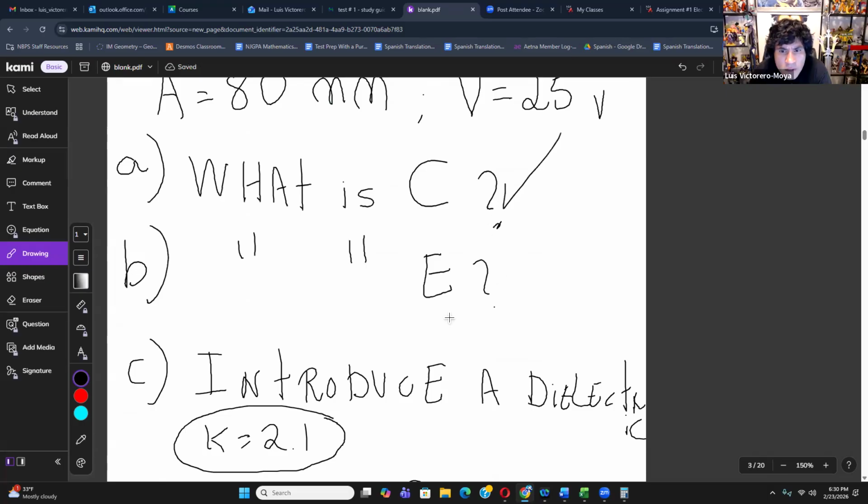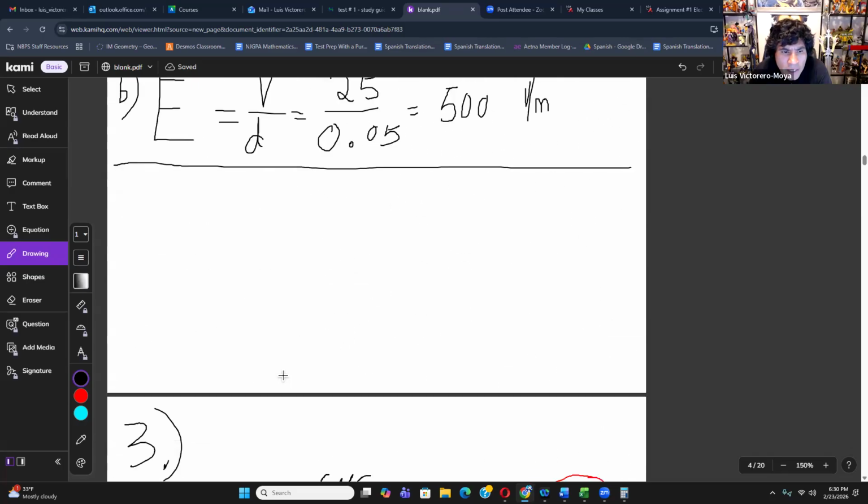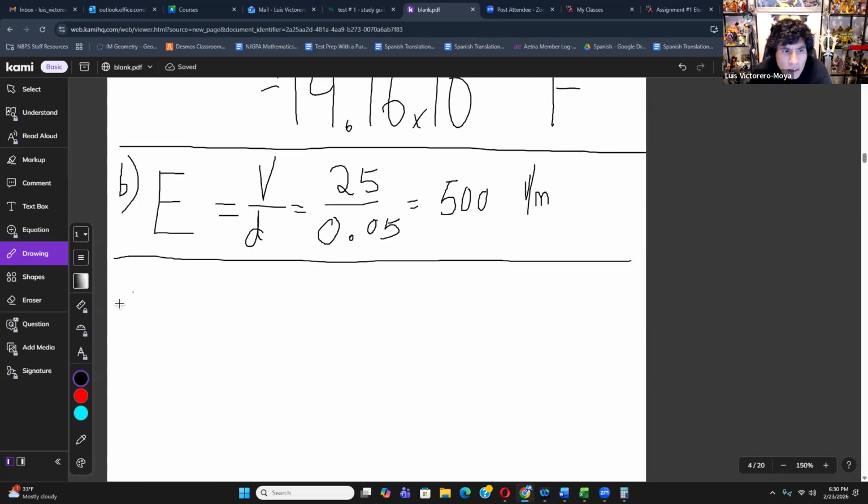All right, so we did this. If you introduce a dielectric, what's the value of the dielectric strength? How do you find this? Anybody?